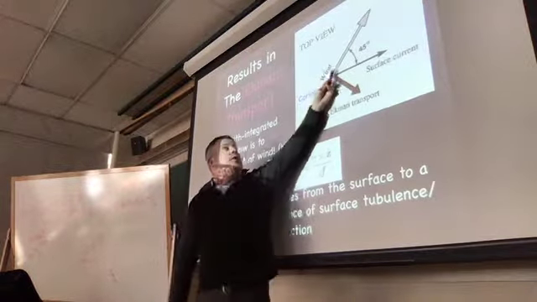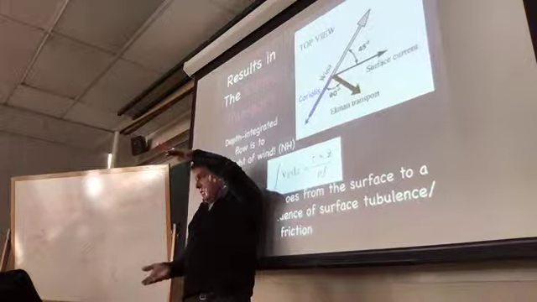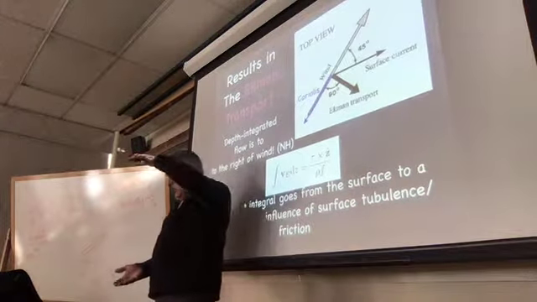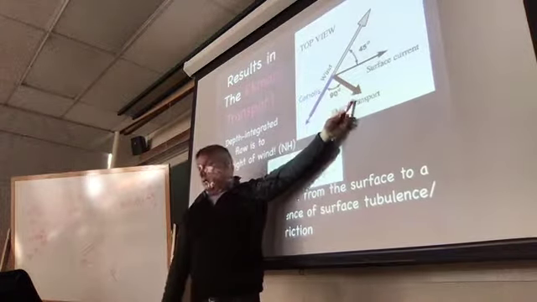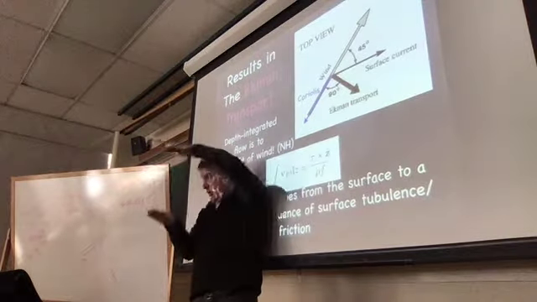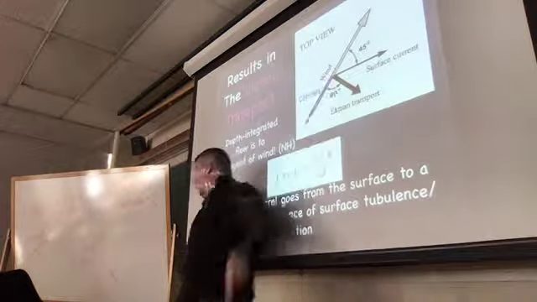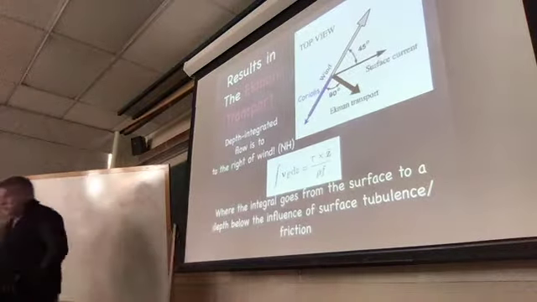So if we just oppose those two, integrate it over the layer, then we come to a conclusion that the Ekman transport, that is the transport on average of the whole layer, has to be in between the wind and the Coriolis force.